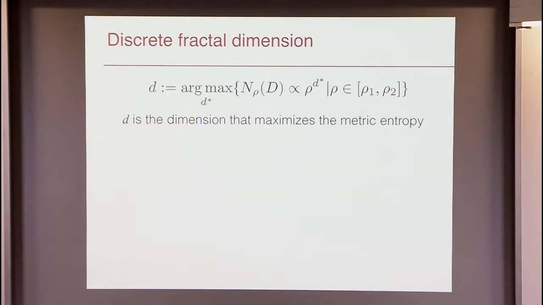So here, we're going to say that D is the dimension that maximizes the metric entropy, maximizes the number of these balls, these clusters, we need to cover the space. So for some radius rho that is our maximum cluster radius, if we have k clusters, then k is bounded by the metric entropy of the data set. So our search is on the order of the metric entropy plus the fine search.